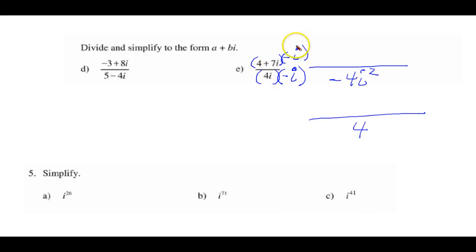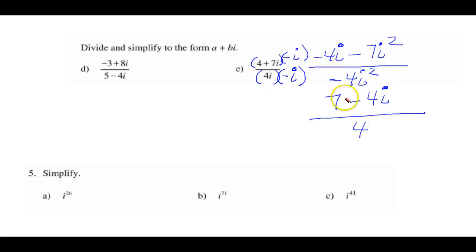Now, 4 times negative i is a negative 4i. 7i times negative i is a negative 7i squared. But what did we say i squared was? Negative 1. So this is going to become a positive 7 that we can put over here, minus 4i.